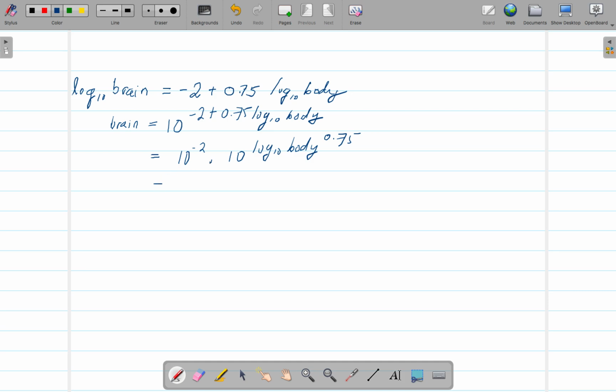So basically this is 0.01, so that's 1 over 100. Okay, over here you have body raised to the power of 3 over 4, right?